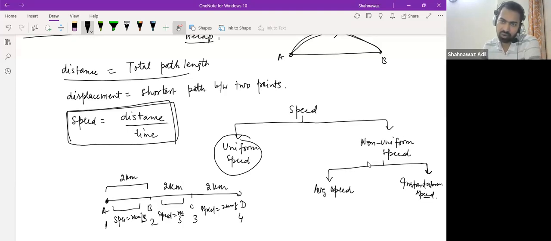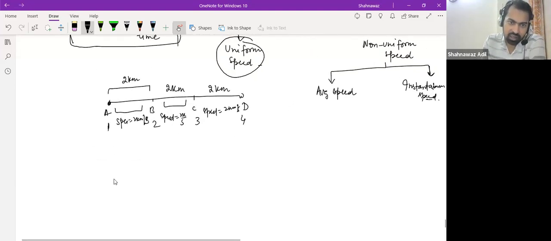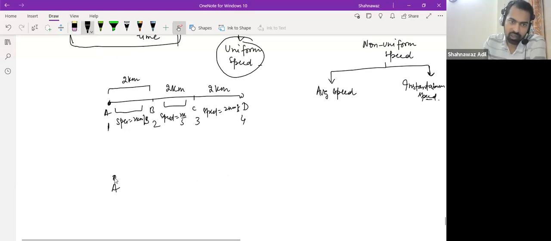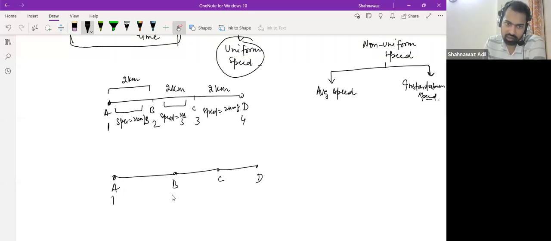And then you have the non-uniform speed. So let's say that you cover some distance from A to B and then C to D. So A and B, and C and D. Let's say that this is 1 second, this is 4 second, this is 7 second and 10 second.